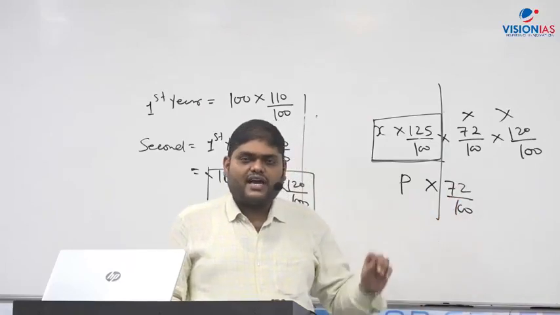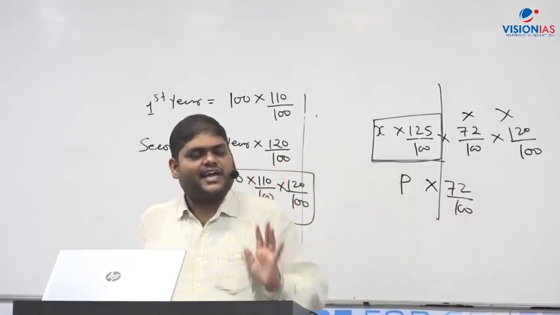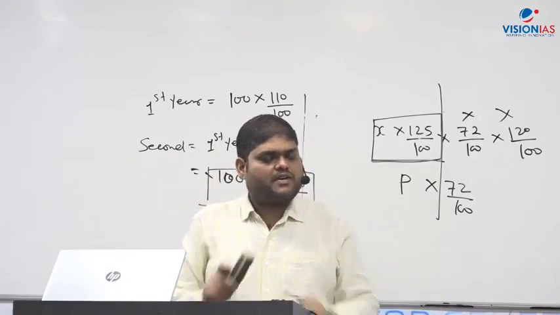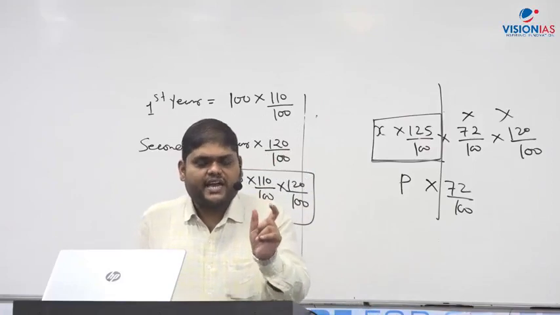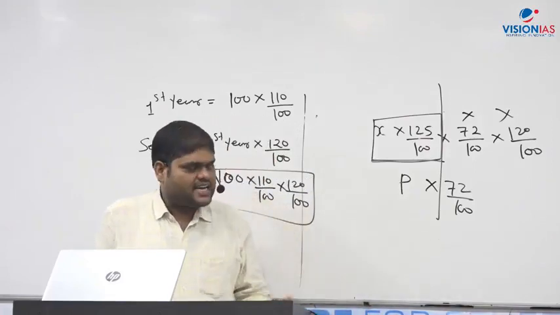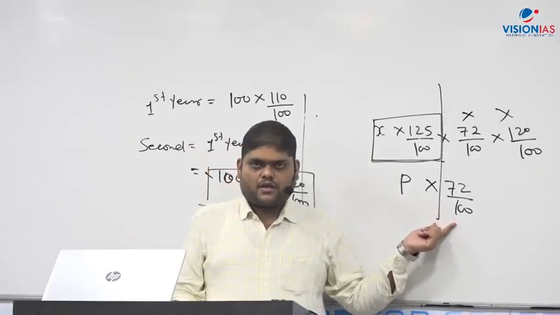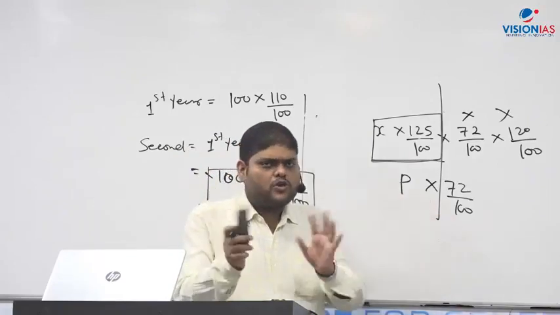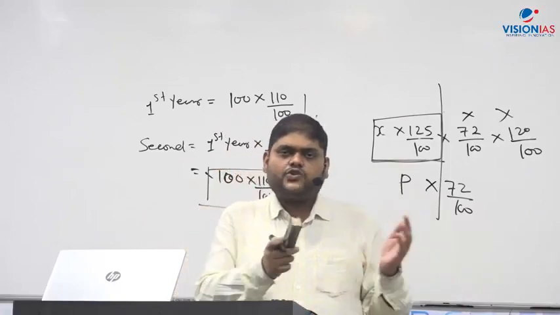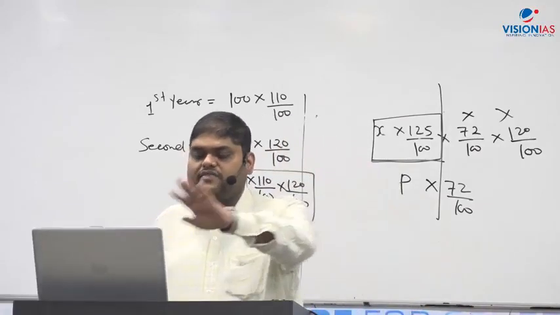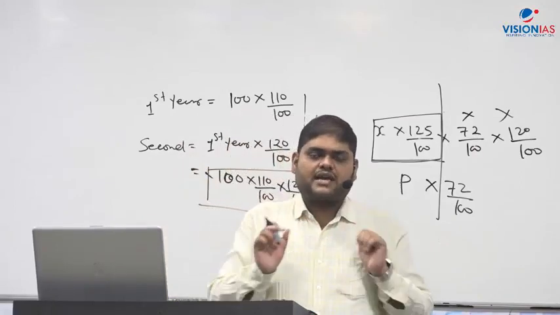That value is decreased by 28%, or not? Because it was 100%, now it has become 72, that means a 28% decrement. Or I can say this value becomes 72%. Both have the same meaning: either I say 28% decrement, or I say the value becomes 72%.